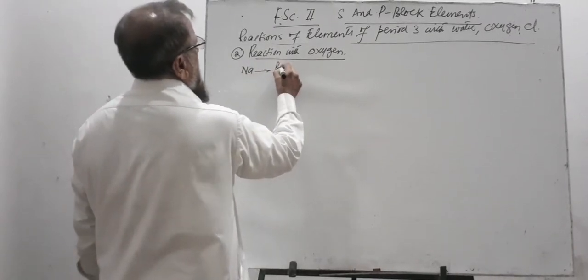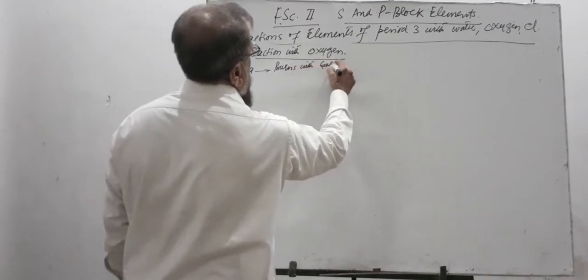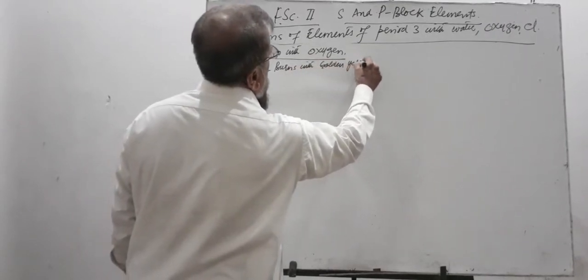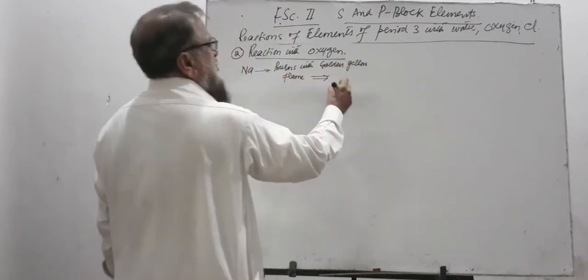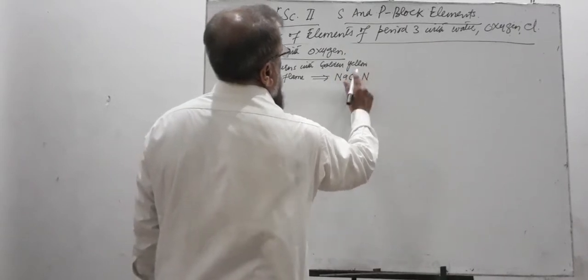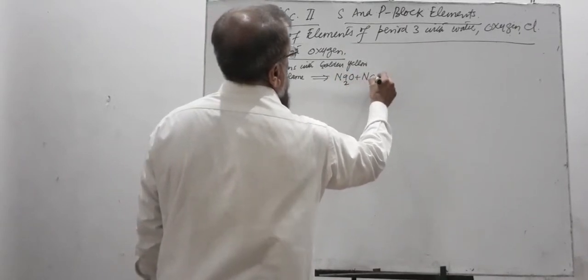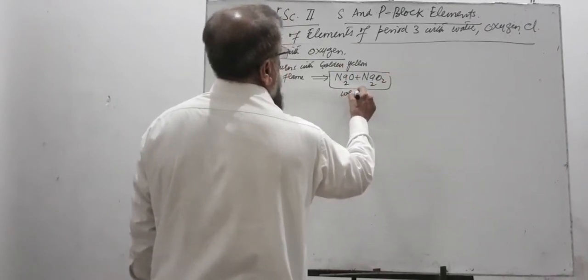burns with golden yellow flame in air. Yellow flame, and it produces a mixture containing sodium oxide and sodium peroxide, which is a white solid mixture.